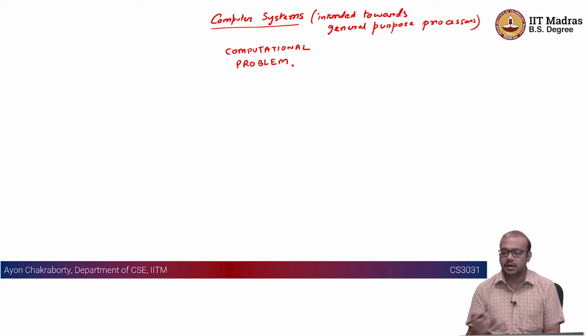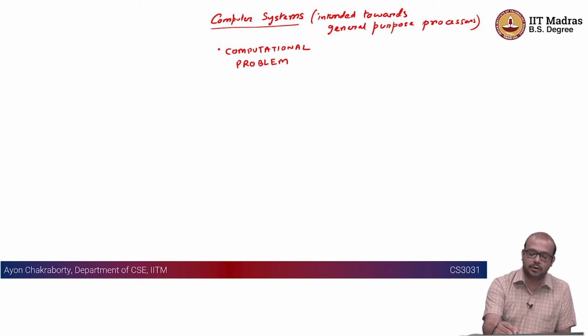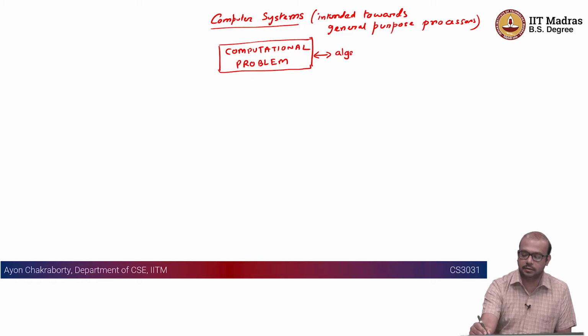So, all these are computational problems. And so, anything of that sort can be converted to some kind of an algorithm. If you want to solve this problem, you can have an associated algorithm with it, right.